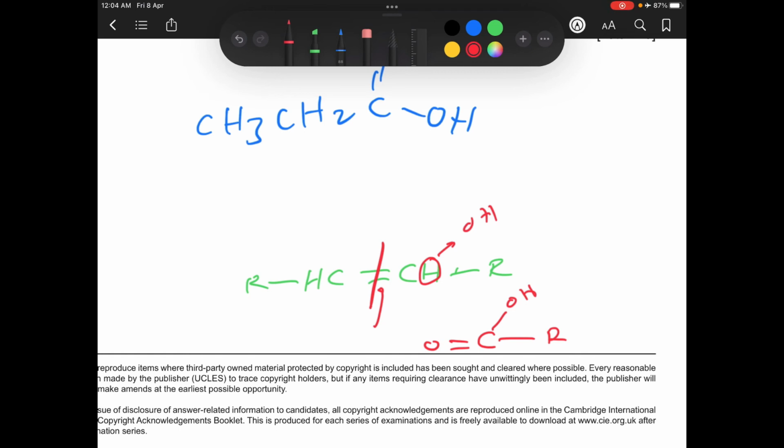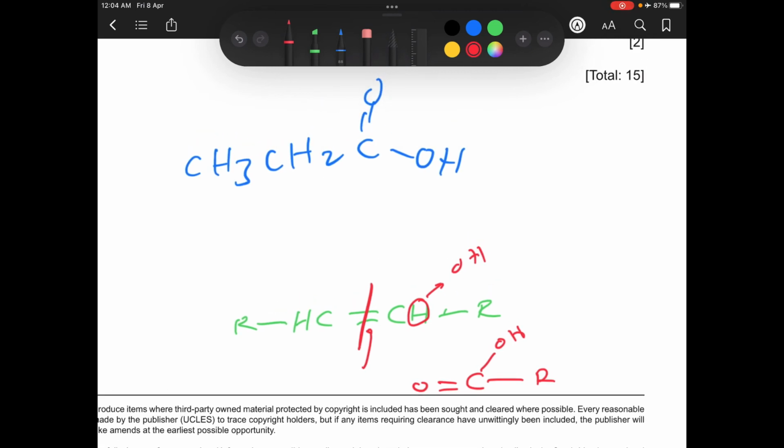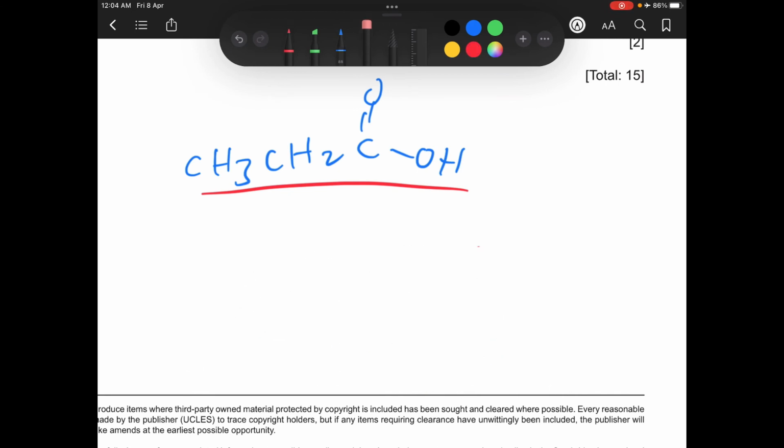So what to do in this case? You have to draw the two acids, as if two molecules combine to each other again. I will draw C double bond O, and here we have OH, and we have CH2, CH3.